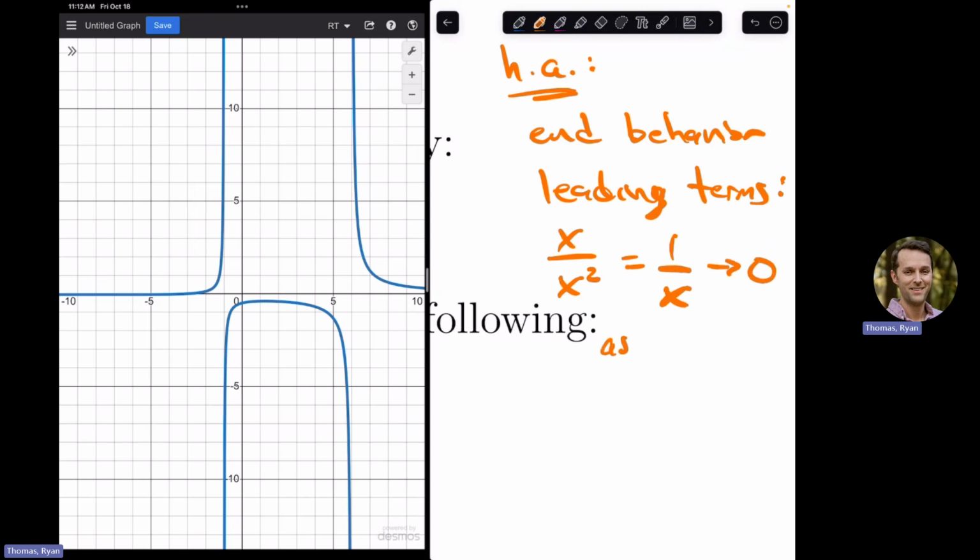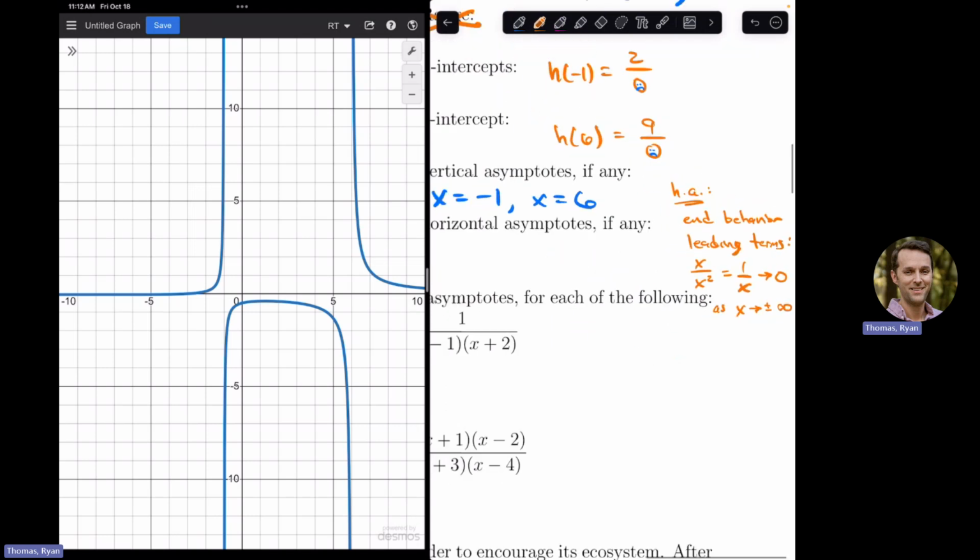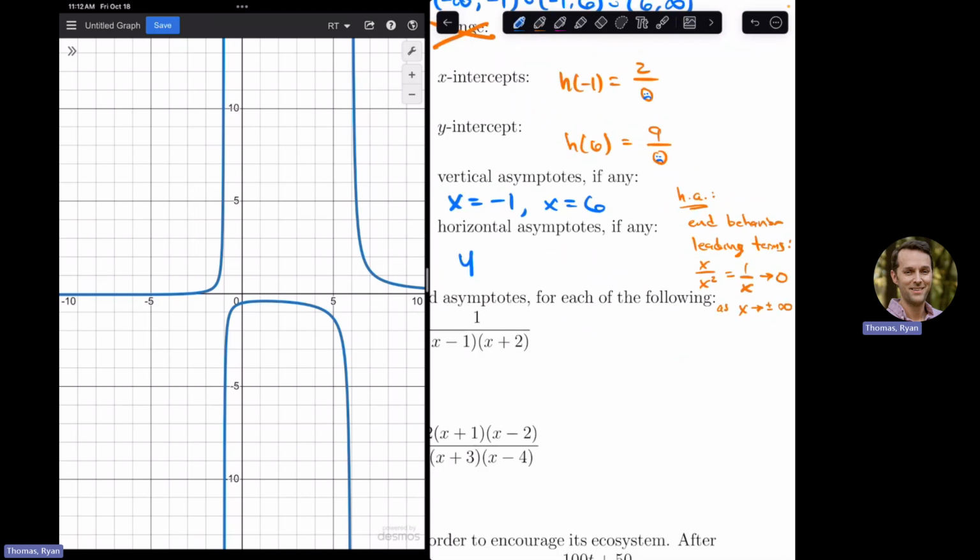That goes to 0 as x goes to either positive or negative infinity. Which confirms the thing I saw here, where I see the ends leveling off and they look like they're doing it near the x-axis. I see this, and that confirms for me that, okay, yeah, that is actually what's happening and where it's happening, which means that there's a horizontal asymptote at y equals 0.